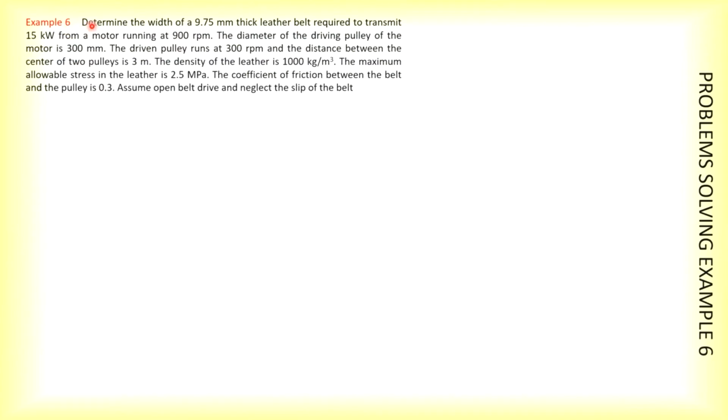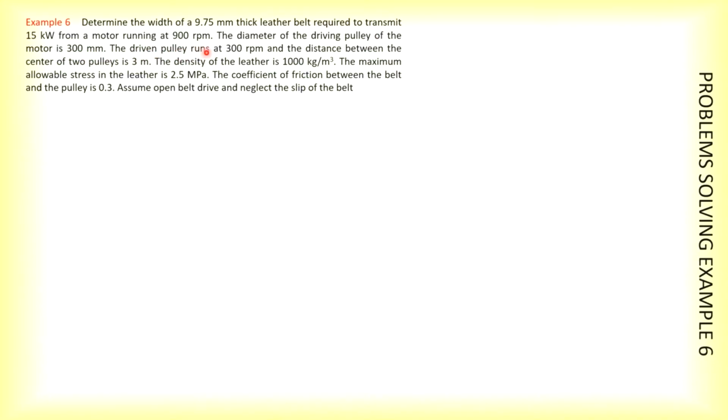So example 6. Determine the width of a 9.75 millimeter thick leather belt required to transmit 15 kilowatts from a motor running at 900 revolutions per minute. The diameter of the driving pulley of the motor is 300 millimeters.